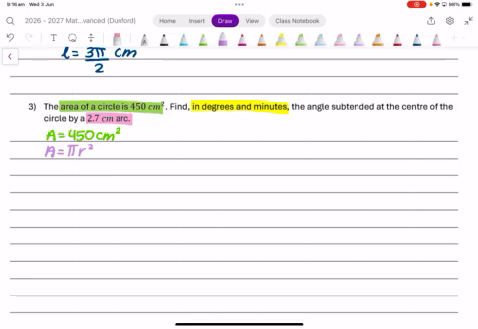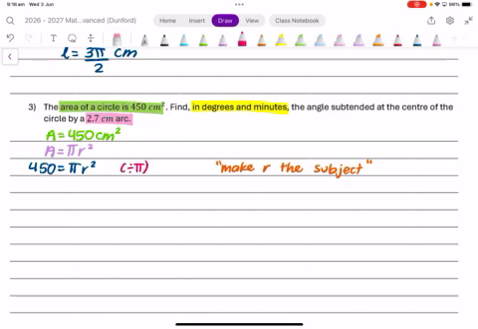Okay, so we need to store that in our memory bank. So we know what A is. We're told that A is 450. So we'll have 450 equals pi r squared. And from here, we can make r the subject. To make r the subject, we need to divide by pi.